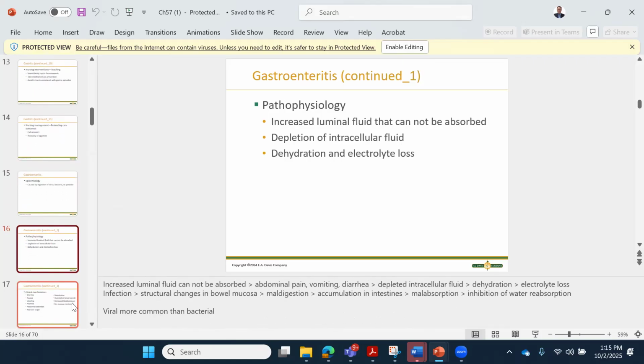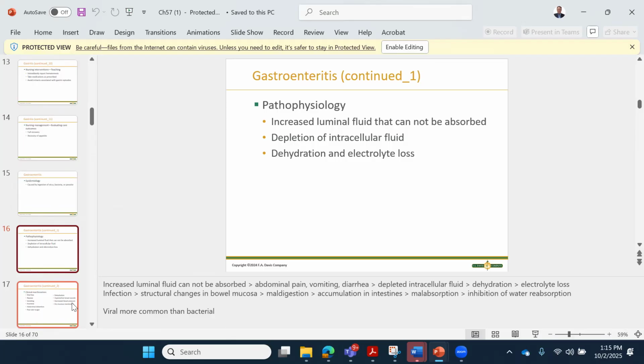So the pathophysiology includes increasing fluid which cannot be absorbed, so treating the depletion of intracellular fluid is important, because depletion of intracellular fluid is a problem with the pathophysiology of gastroenteritis.